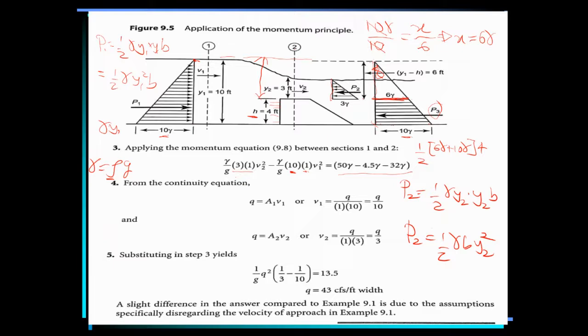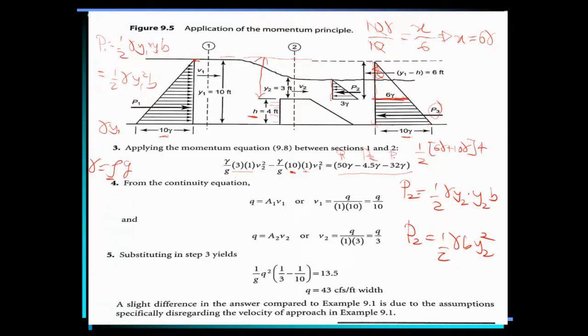These are the pressure forces acting: P1, P2, and P3. We already explained that the gravitational force is 0 because the channel bottom is horizontal, and the weight component in the direction of flow is 0.